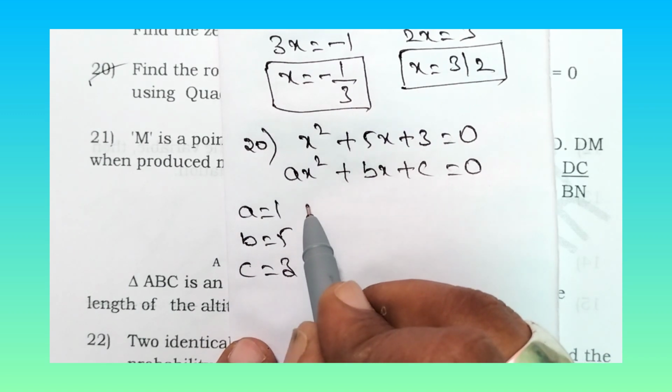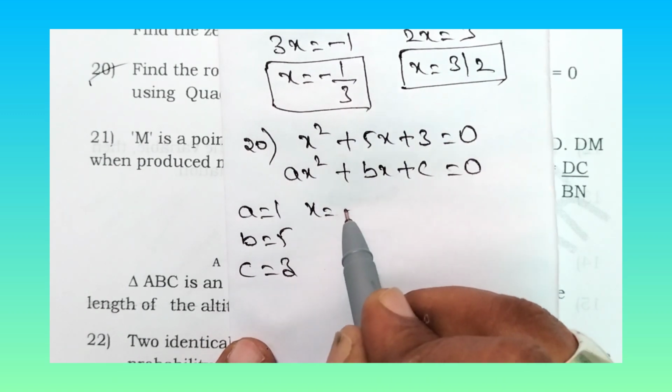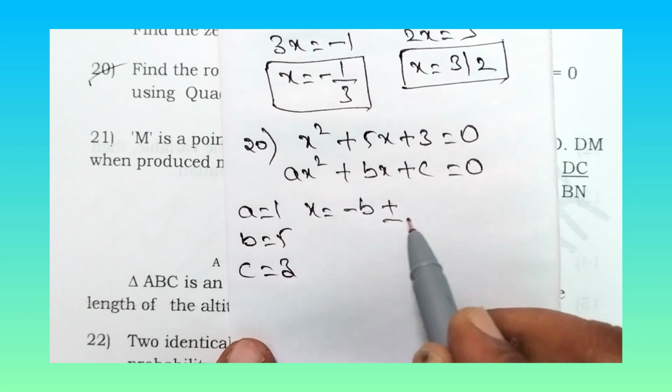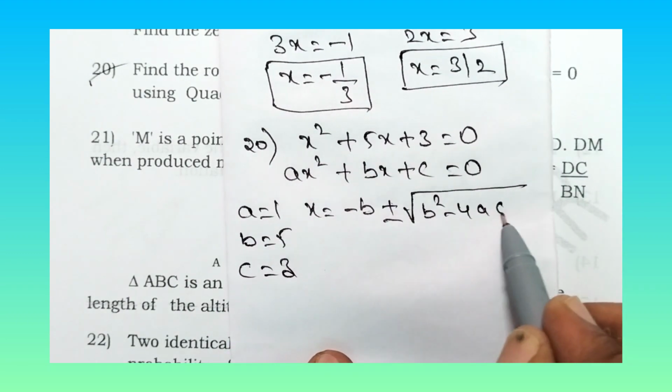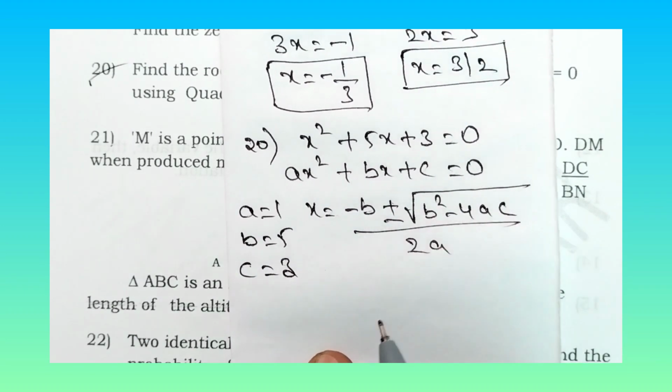So now let us use the quadratic formula. X is equal to minus b plus or minus square root of b square minus 4ac divided by 2a.